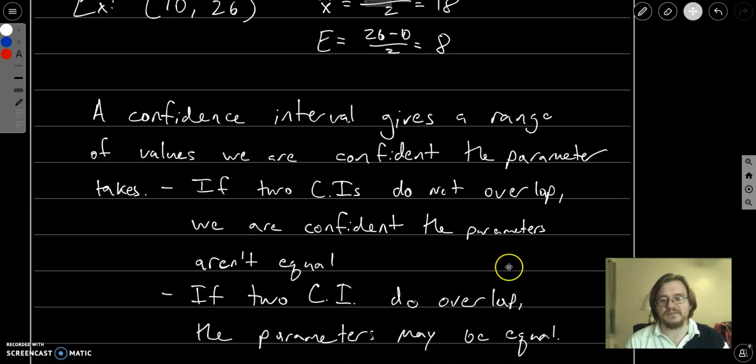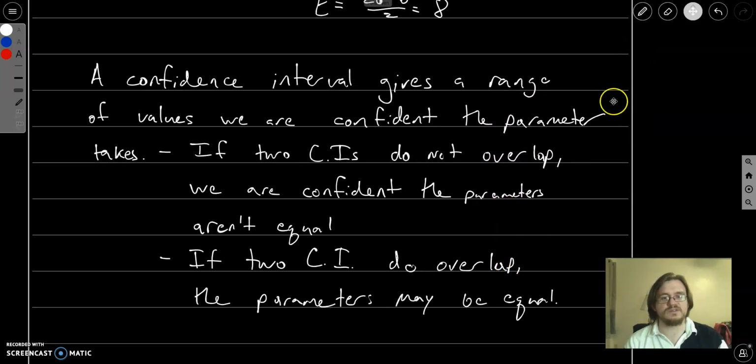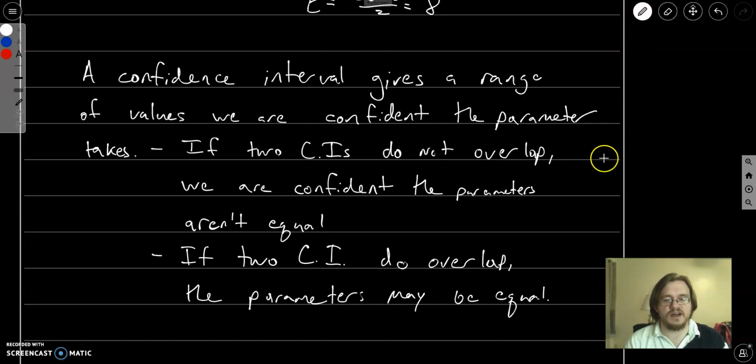And one use for confidence intervals is to compare values. So maybe you can look at a mean for a particular value and a mean for another value, and we want to see, can we tell those apart?